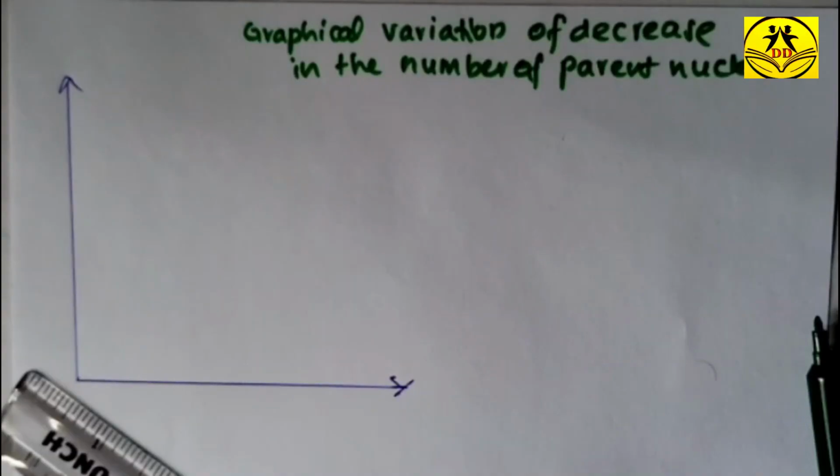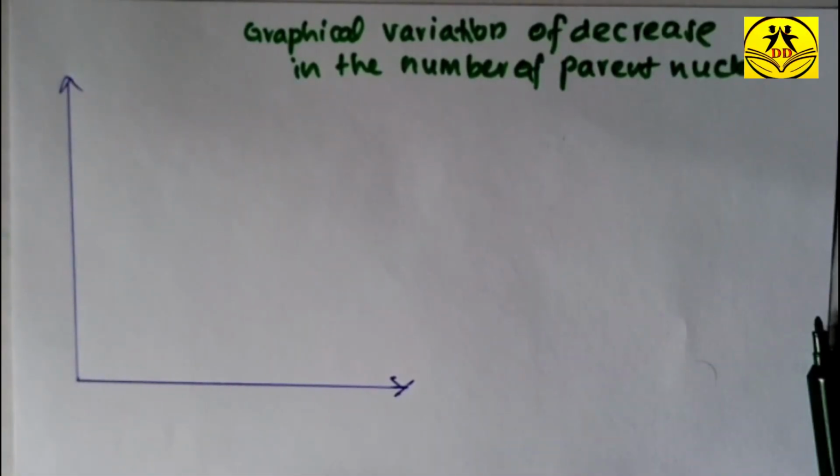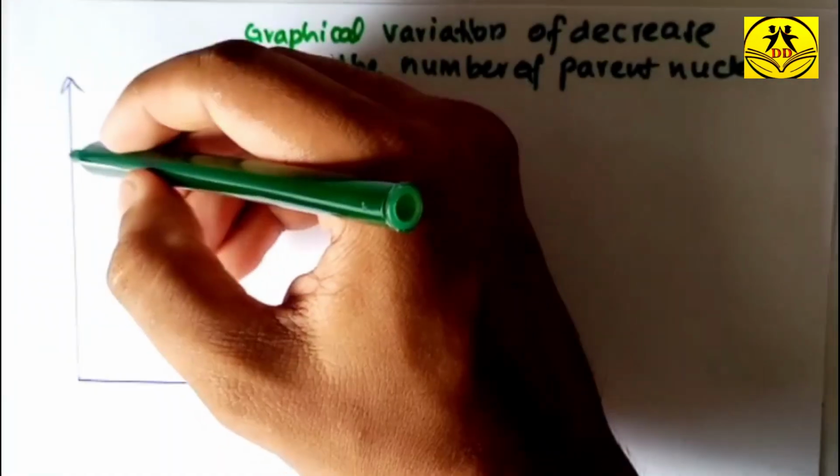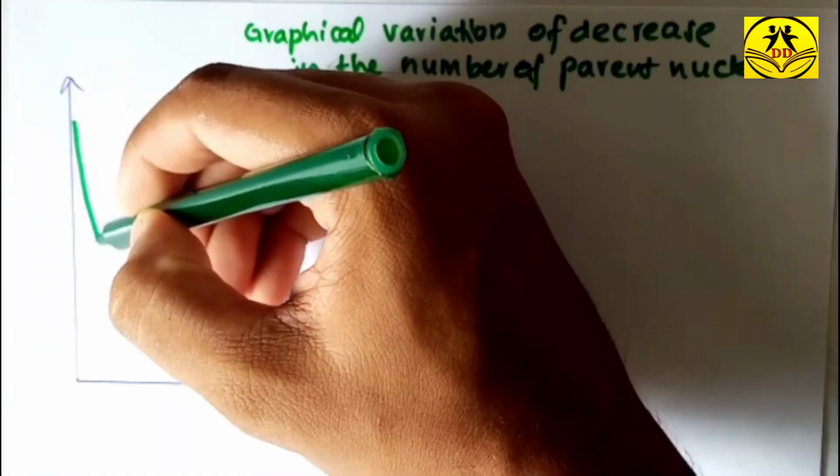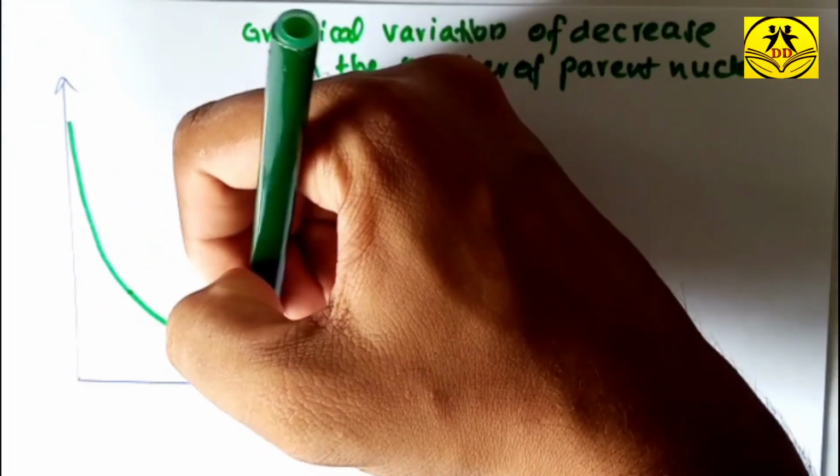If we draw the graphical variation of decrease in the number of parent nuclei, we can get something like this, which is an exponential type curve.